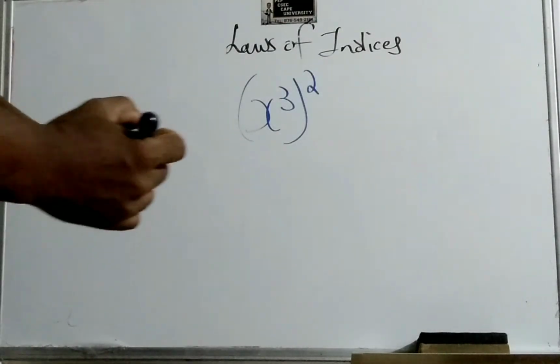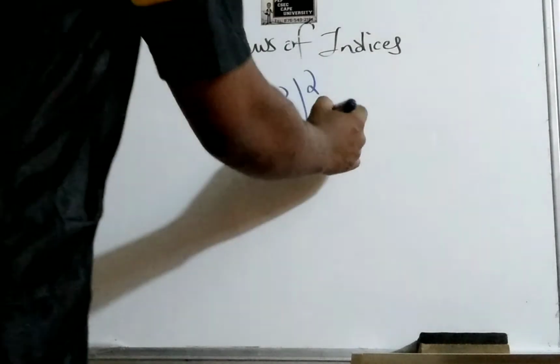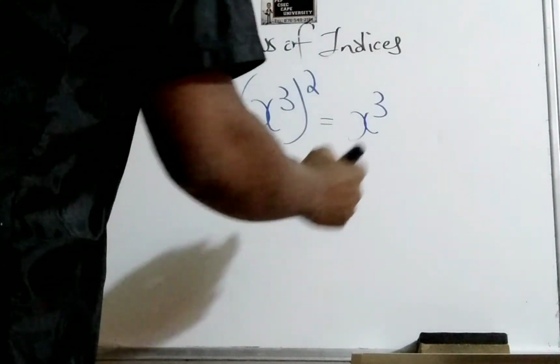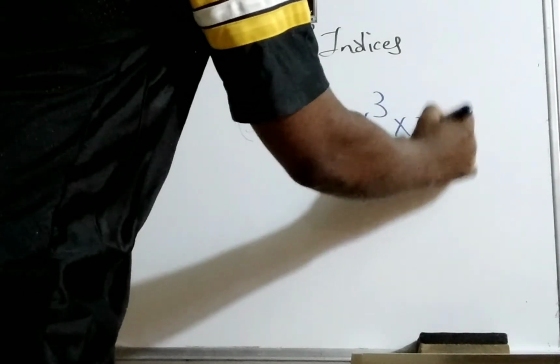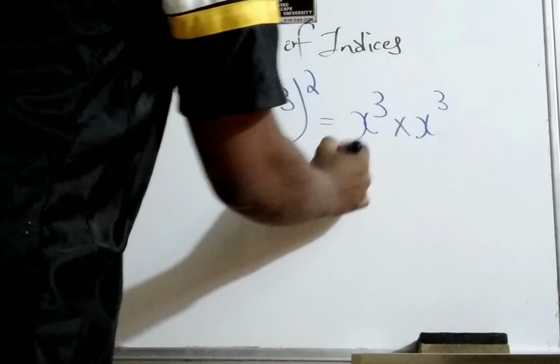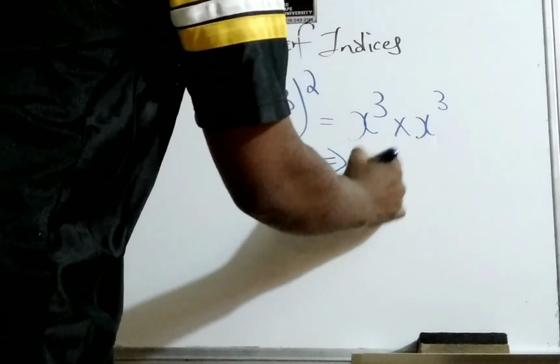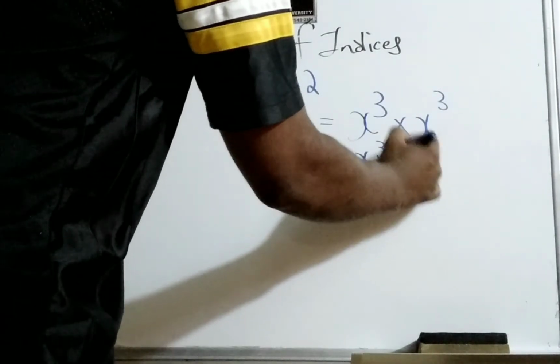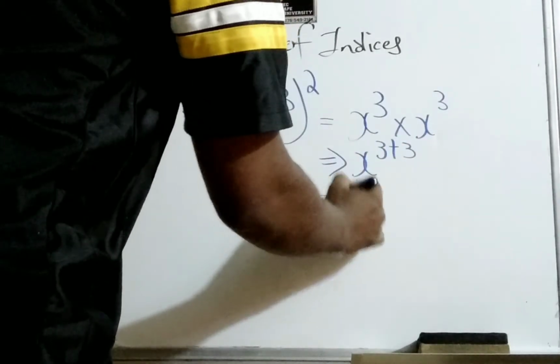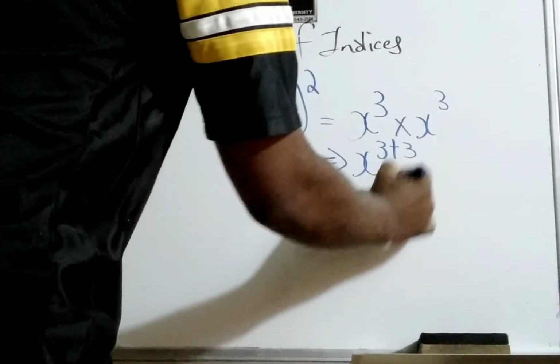What this means in reality is x to the third times itself 2 times, right? So it will be times x to the third. So we can use the rule once the base is the same. So we get x to the 3 plus 3, and we get x to the 6.